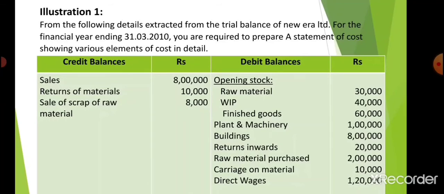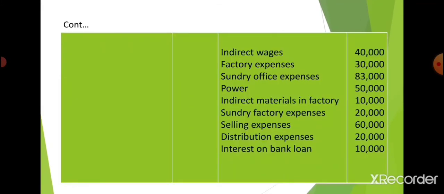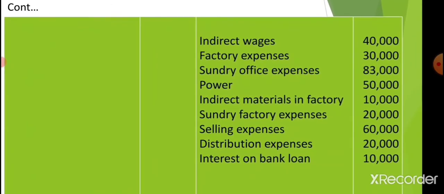We have calculated that in the notes, and depreciation on building also we have calculated. Return inwards we will take up in the sales, and raw material purchased has already been taken. Carriage on raw materials is also taken. Direct wages also taken. Indirect wages is a factory overhead, so that should be taken under the head factory overheads. Factory expenses is also a factory overhead.